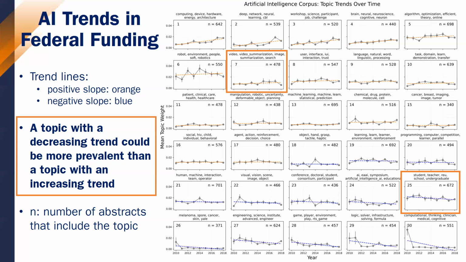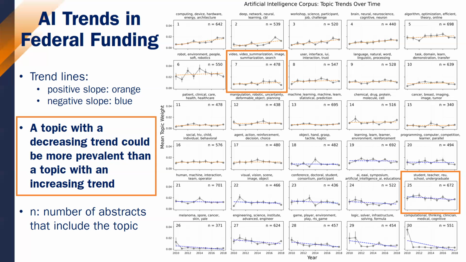We do want to note that a topic with a decreasing trend could be more prevalent than a topic with an increasing trend. So take, for example, topic 25, which looks to be about REUs. While the mean topic weight does have a decreasing trend, it is higher than the mean topic weight of topic 7, which is about video and image summarization.